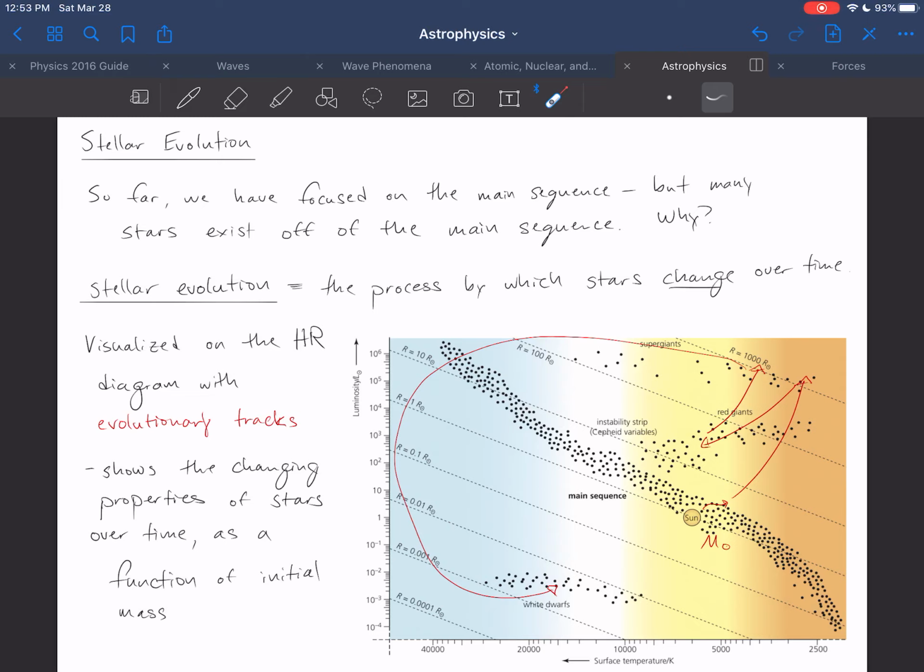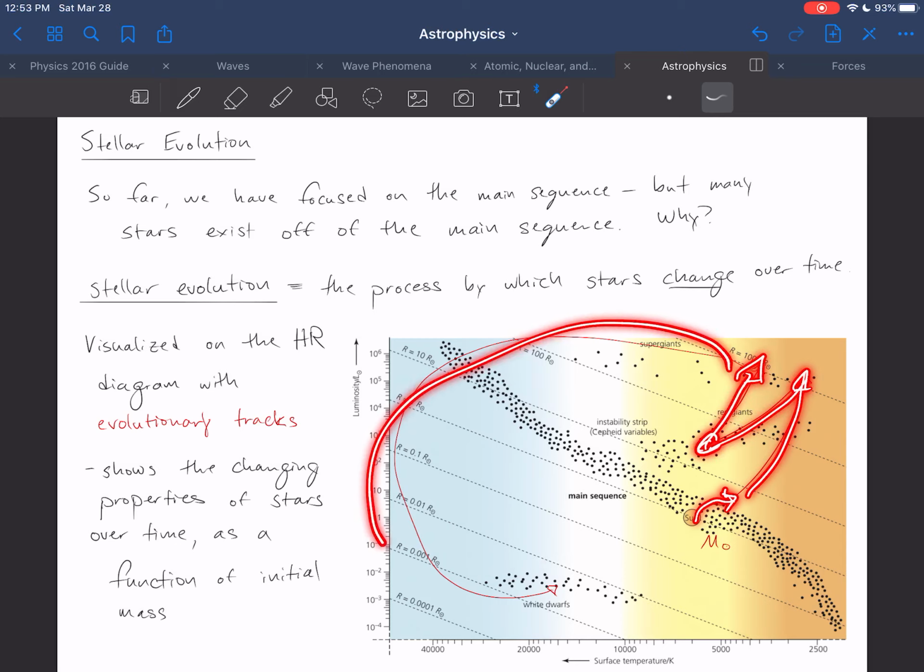You can visualize stellar evolution on the HR diagram. On this HR diagram, we see that a solar mass star, a sun-sized star, will evolve off the main sequence and undergo a series of changes over time.